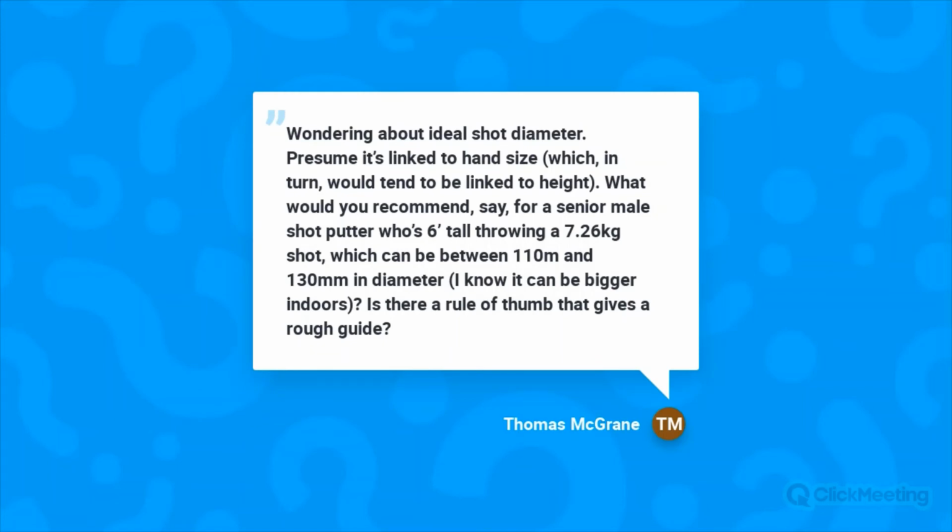Thomas wants some advice around selecting the diameter of shot put, for example a 6 foot tall athlete throwing a 7.26. That's really hard to say without knowing what their hand size is. It's kind of weird. I coach 6 shot putters now, and I've got ones with big hands that like small shot puts, ones with small hands that like big shot puts.